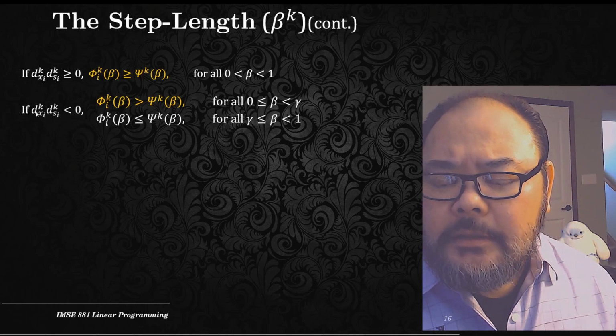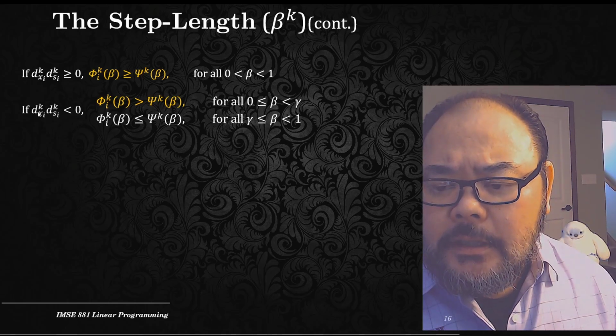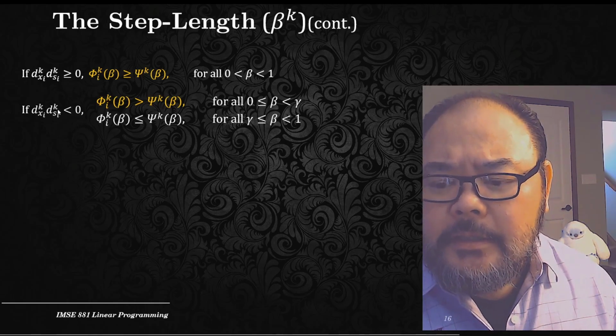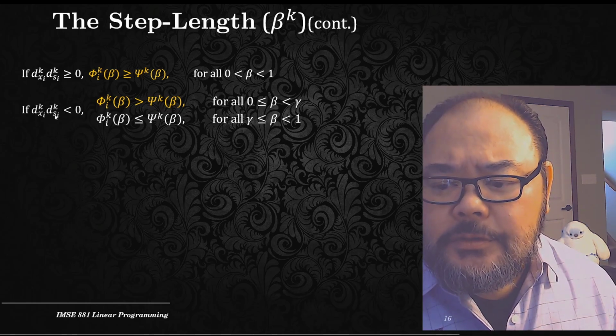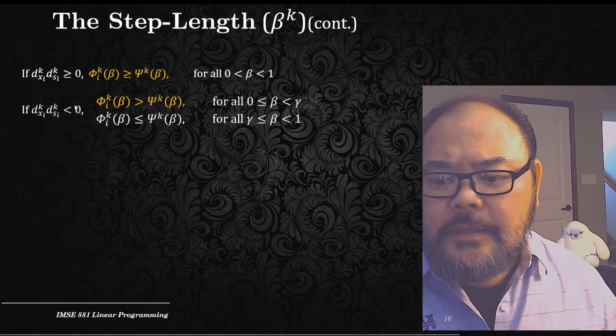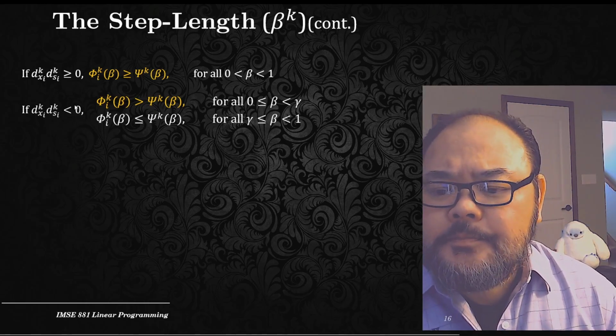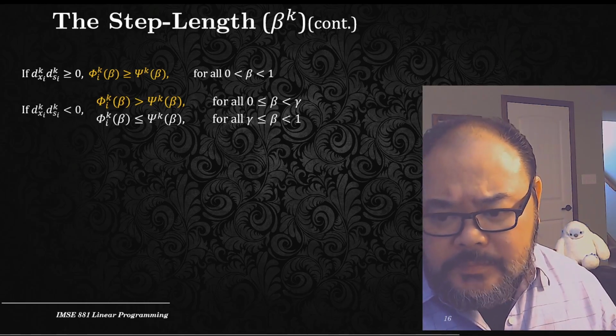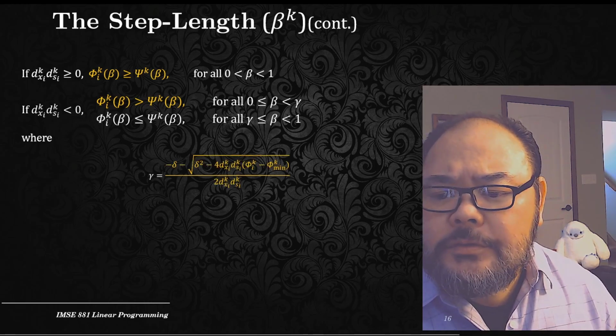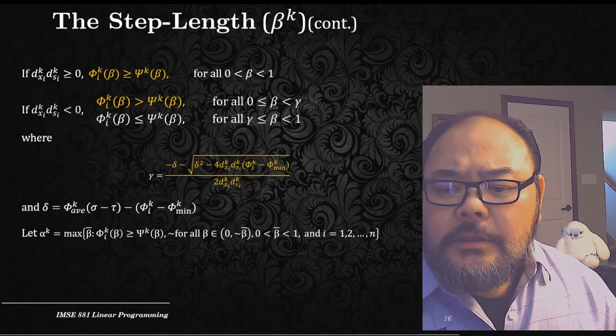But if dxik times dsik, the elements in dx times ds, are less than 0, then we have two situations.